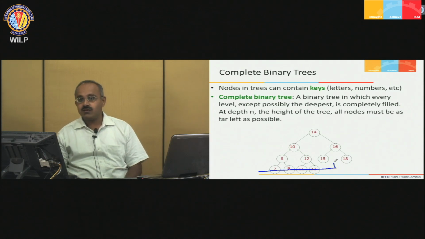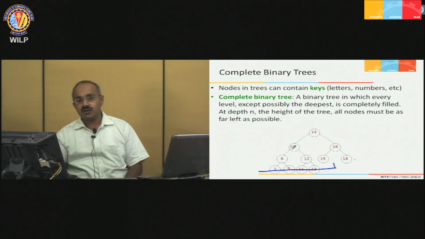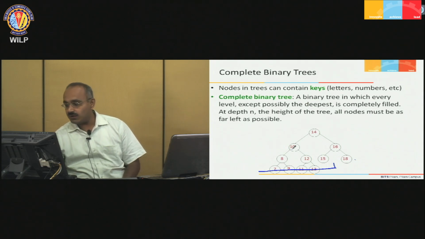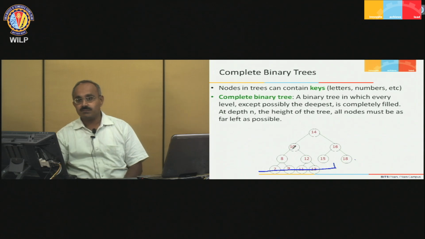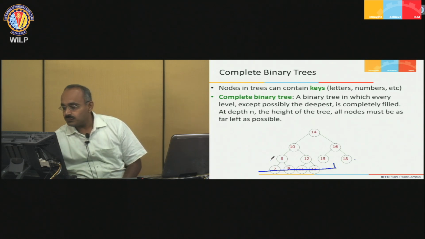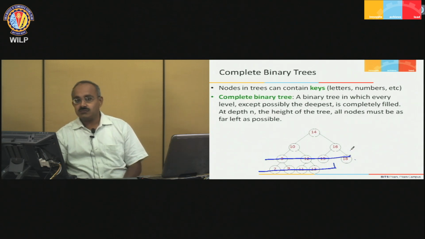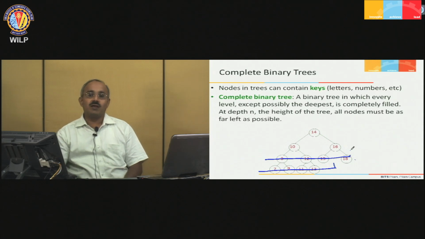That means except the second last level, all the other nodes at levels other than the second last level will have exactly 2 children. At the second last level, the nodes will be filled from left to right.